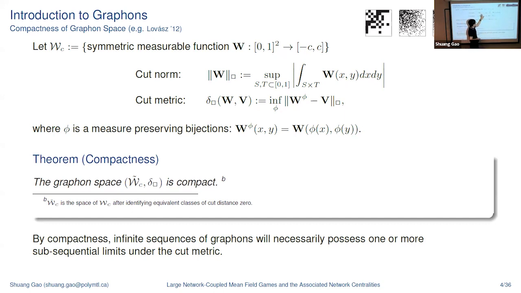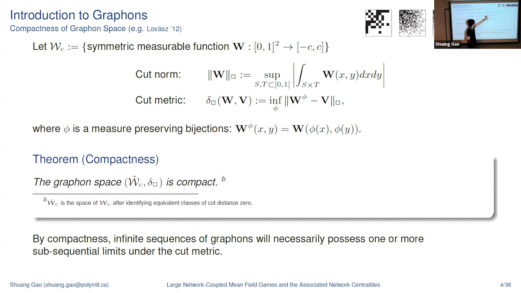Here, this is called the cut norm, where we look at a source set and a target set. And by this integration, we are looking for a cut between the source node set and the target node set. And we want to maximize this over all the possible choices of source and target nodes.